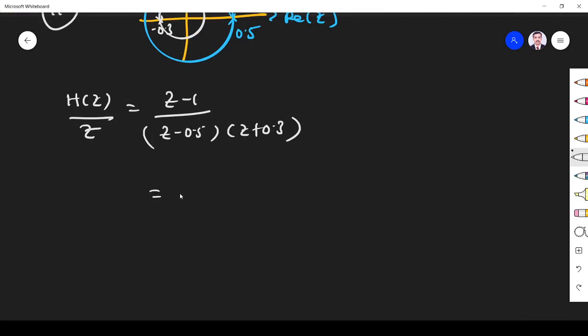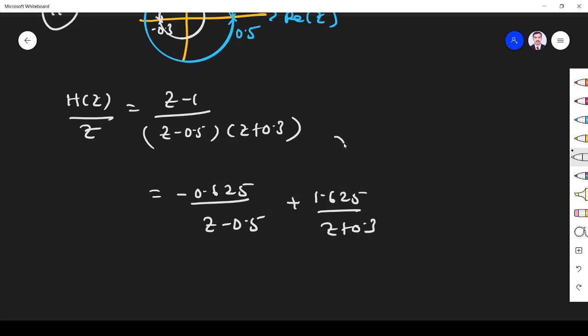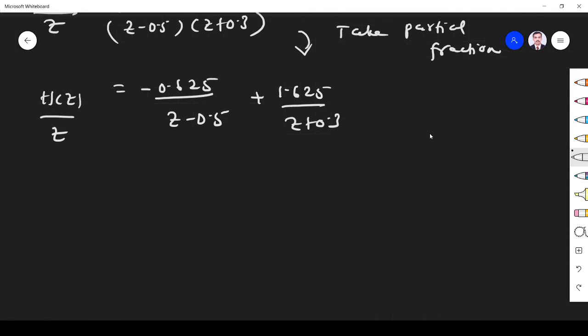What you get is minus 0.625 divided by z minus 0.5 plus 1.625 divided by z plus 0.3. So H of z divided by z is this, and now bring the z this side.